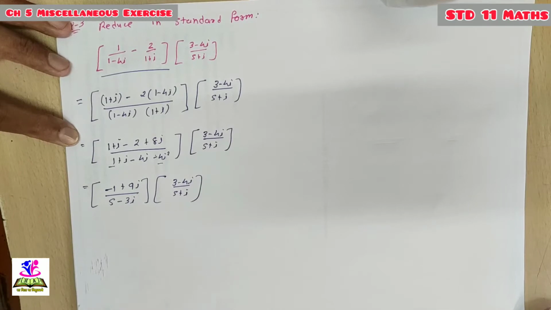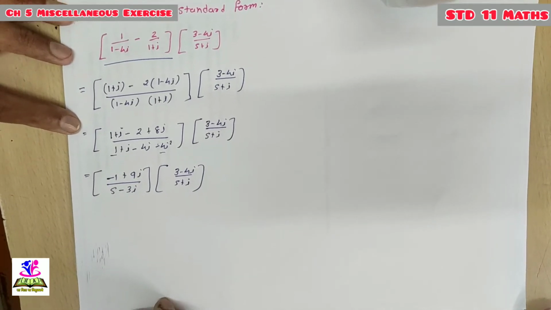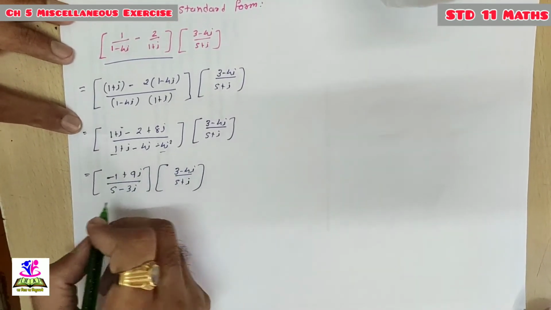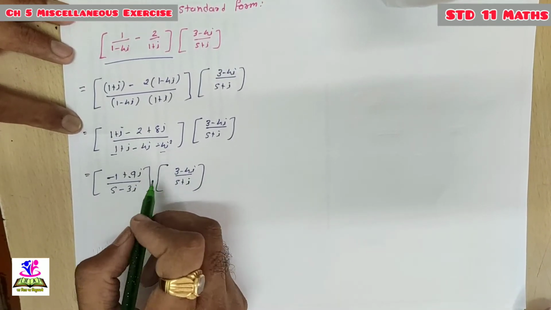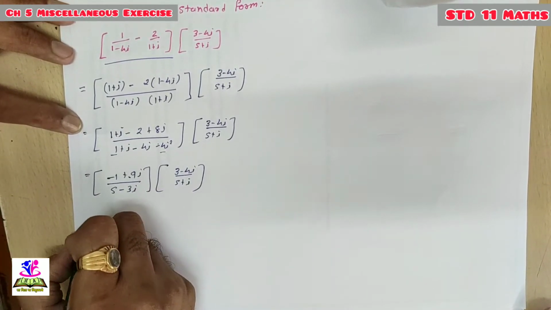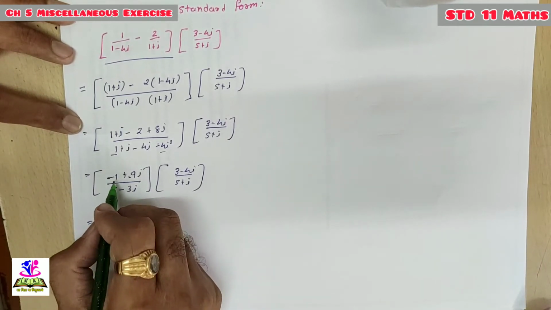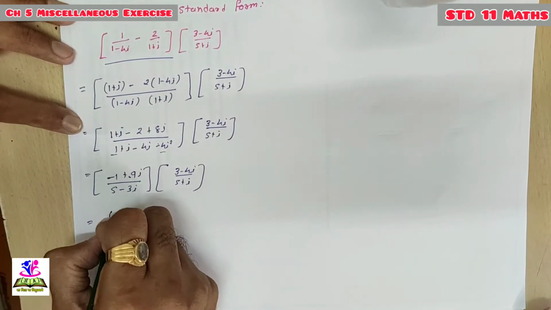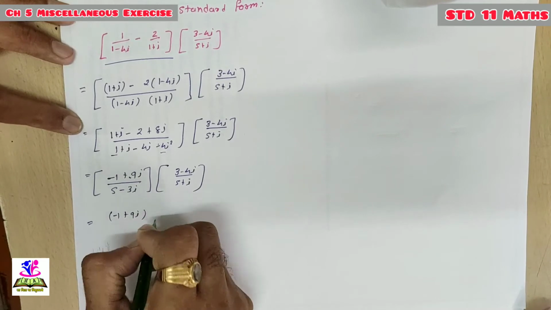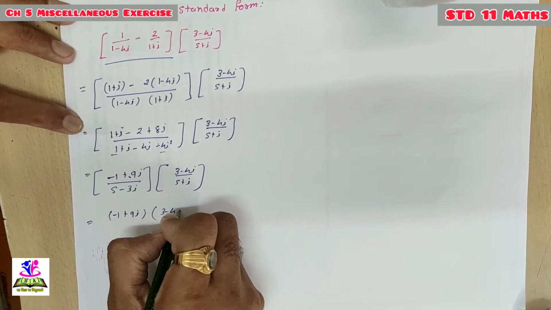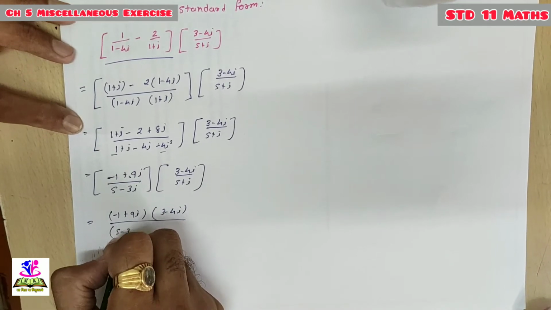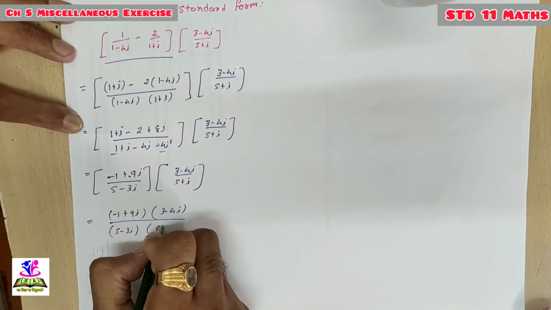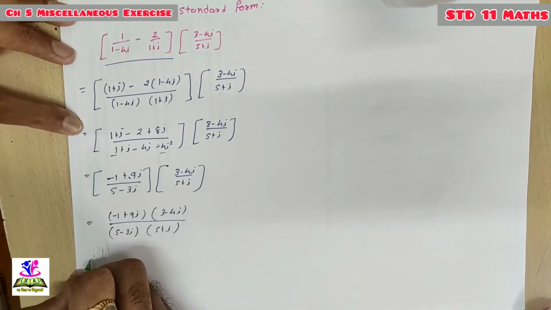Any doubt? Now again cross multiply, or you can directly multiply numerator with numerator and denominator with denominator. So this is equal to (minus 1 plus 9i) into (3 minus 4i) upon (5 minus 3i)(5 plus i).